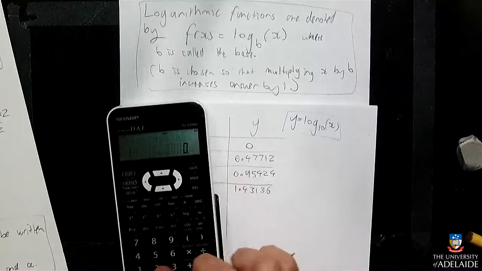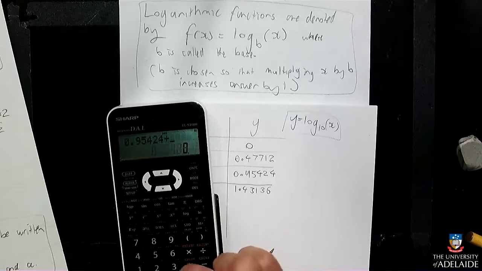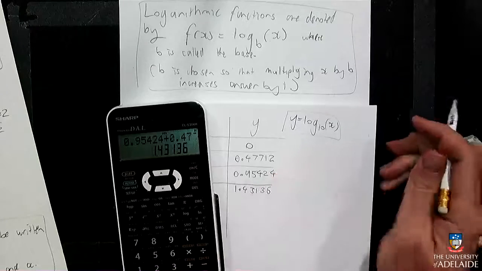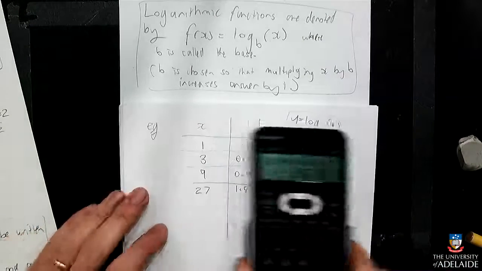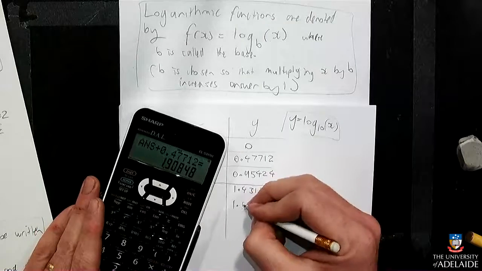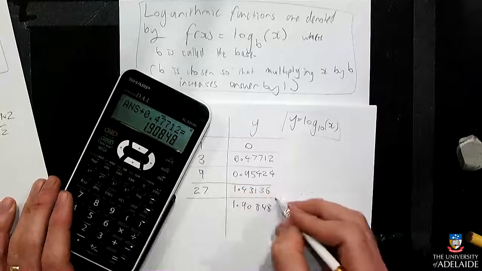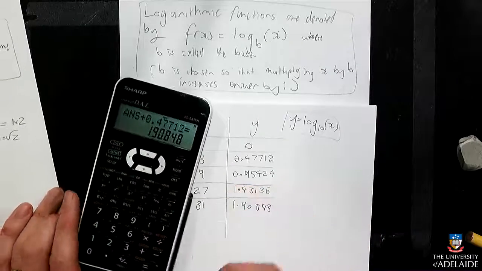So let's see, 0.95424 plus 0.47712 is, there we go. So if I add another one of those, 1.90848, I mean approximately, it should get me to 81, right?